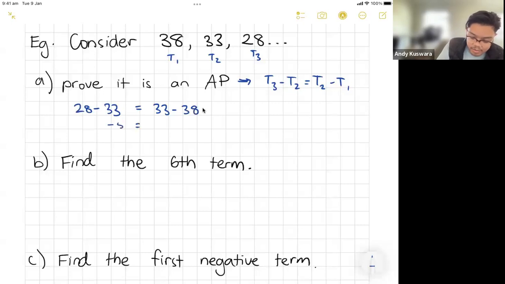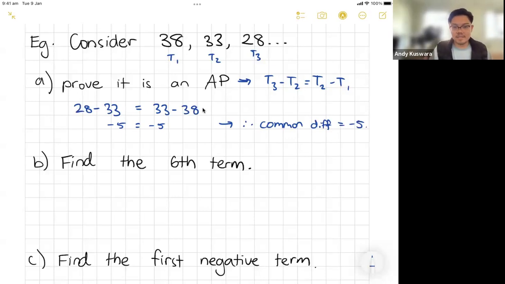They are both -5, and that tells me that my common difference is -5. I know we could have just seen -5 every time, but whenever it's a proof question, you want to go above and beyond. It's asking for a proof, so that there is my proof.